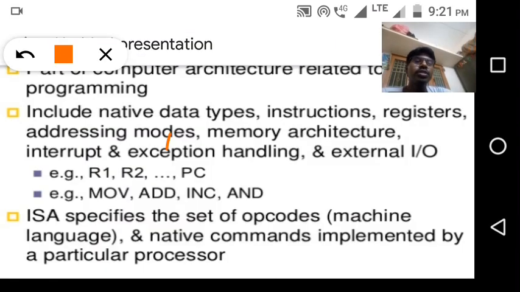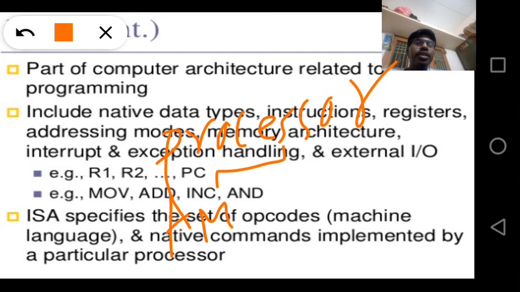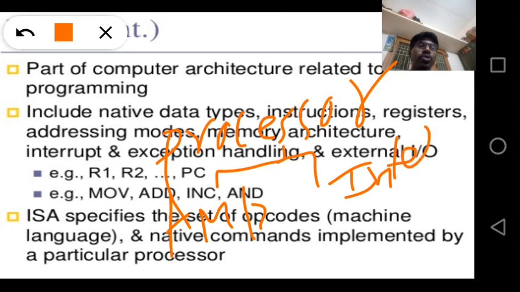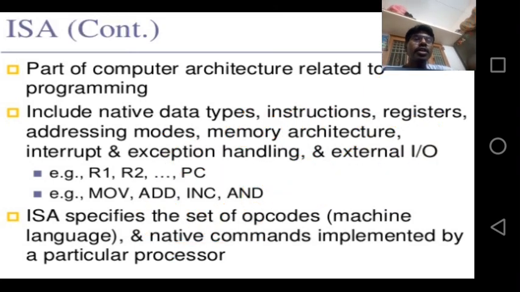Examples of processors are AMD Athlon or Intel processors. These are the two famous processors, Intel and AMD. If the processor is an AMD, it has its own instruction set architecture. If it's an Intel, it has its own.